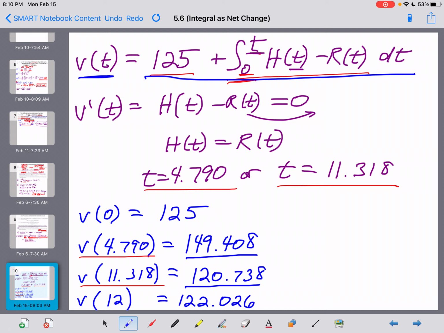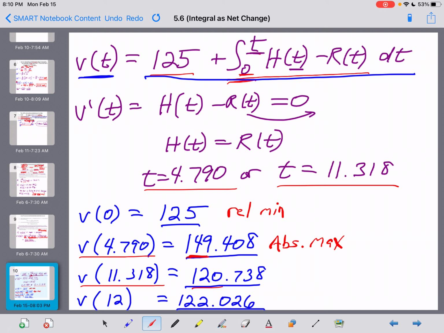Okay, so what have we found, guys? If we take a look at these four spots right here and we look at the volumes, let's remember something we did from back in the beginning of chapter 4. 125 right here ends up being what we call a relative minimum. It's a minimum because right after that, it goes up to a higher amount. This is a maximum. And since that's the biggest number of all four, this is actually your absolute maximum. What's next?